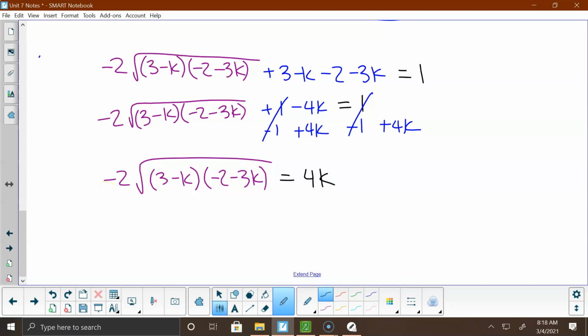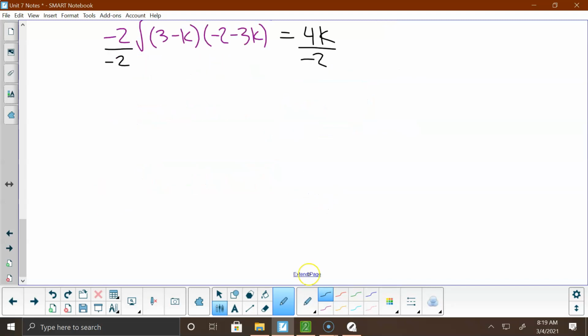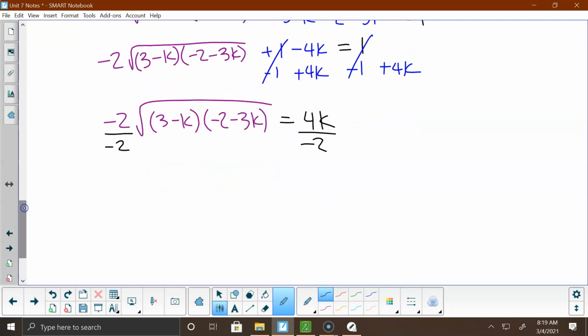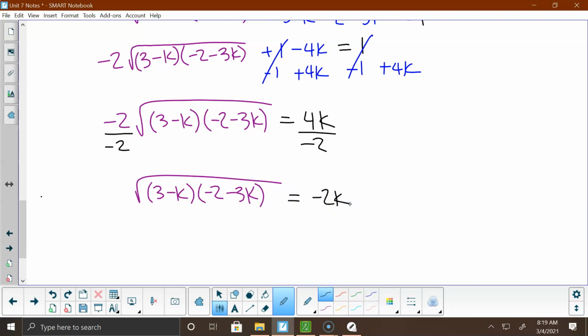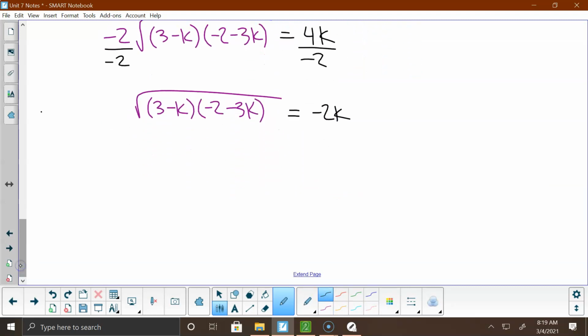Is that square root completely alone yet? What do I need to do? Divide by a negative 2. Slightly less hideous.